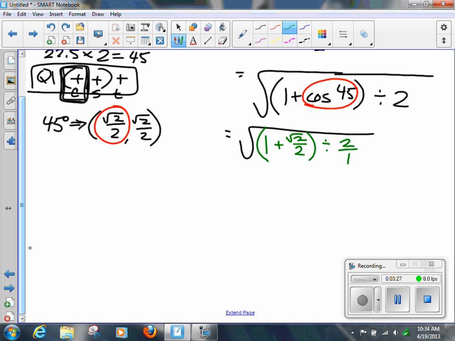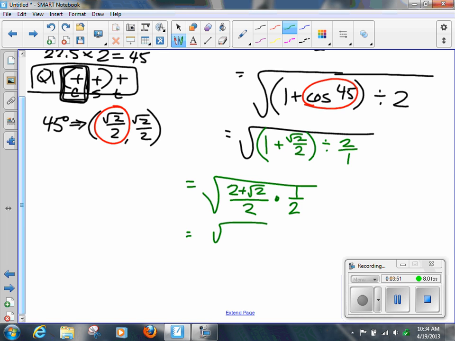And then, doing work in my head here. Aren't you proud? I've got to have like denominators, so that's going to give me 2 plus root 2 over 2. Yes? Times who? 1/2. Everybody cool? Keep going. I multiply straight across.